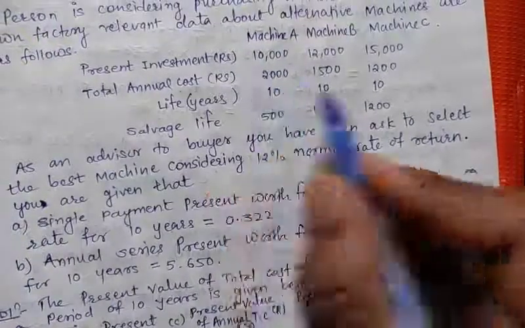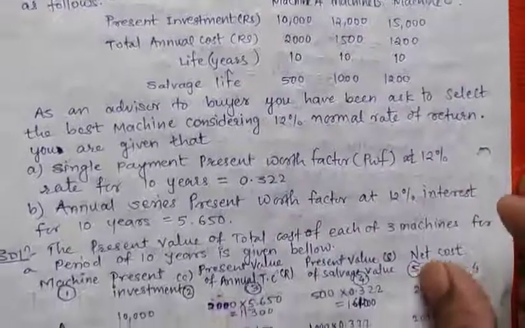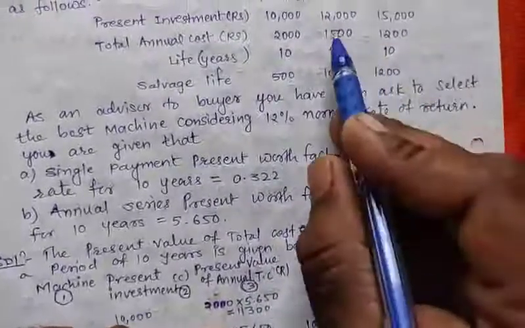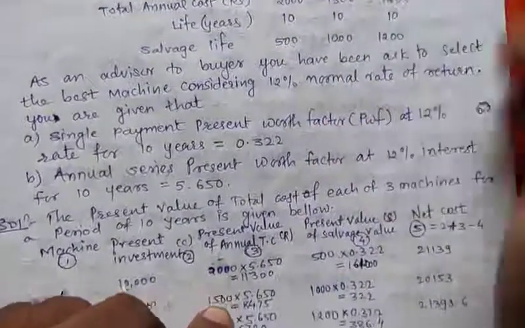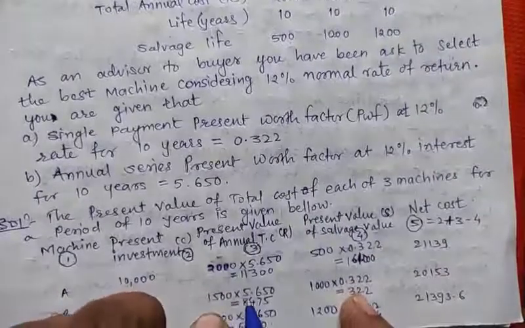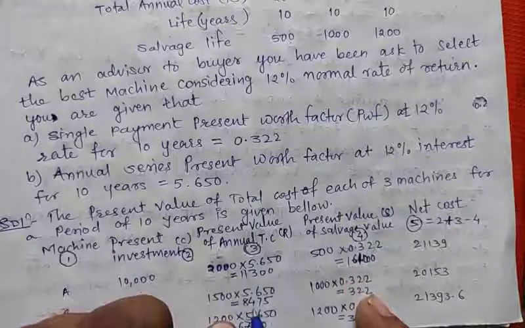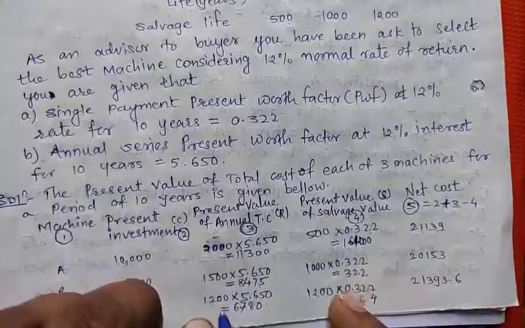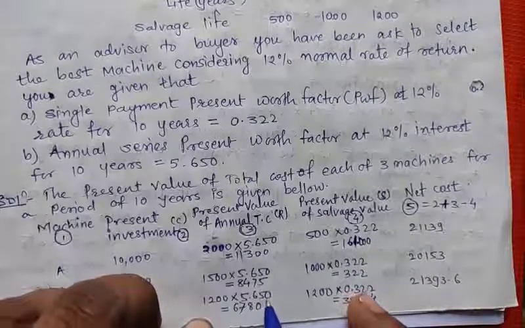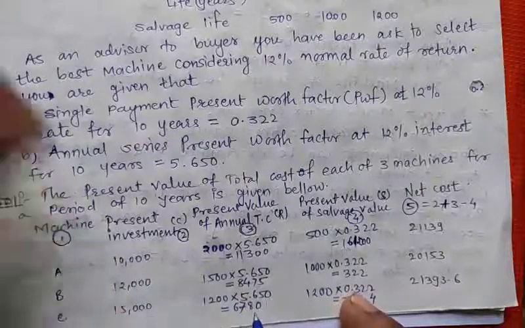Now next multiply 1,500 by this, 1,500 into 5.650, we get 8,475. Next 12,000 into 5.650, we get 6,780.